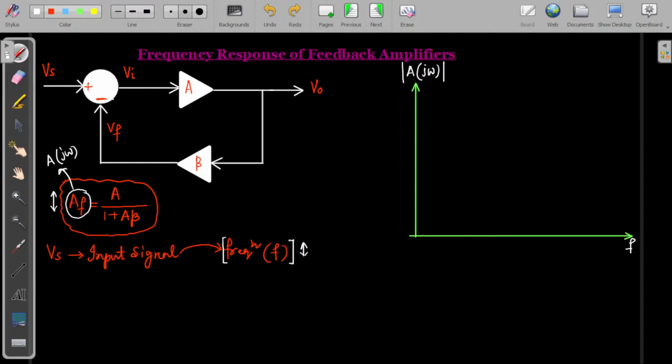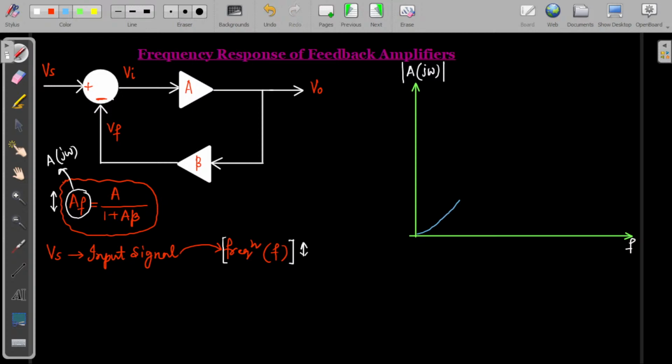Now the frequency response of any feedback amplifier using negative feedback will always be in a simple pattern. The pattern will look like this.